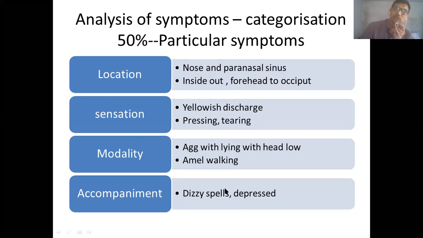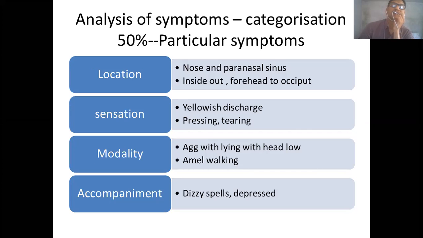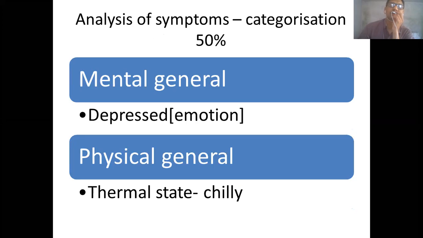But there is still one question. Remember, where are we going to categorize this disease spell? Can anybody tell where? Now this is the 50% of the analysis, where we have categorized mental general, physical general, location, sensation, modality, accompaniment.